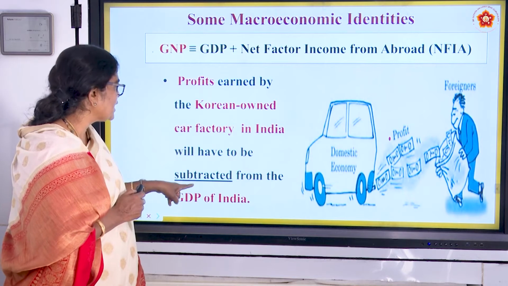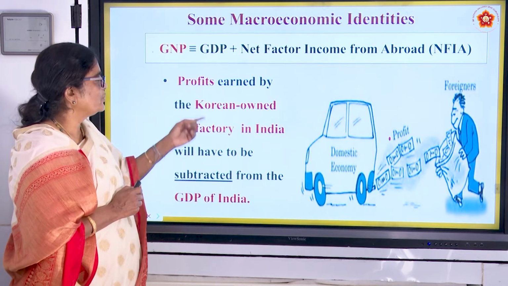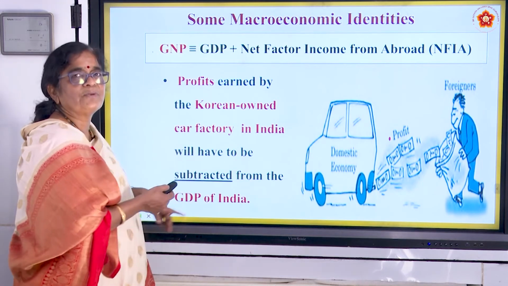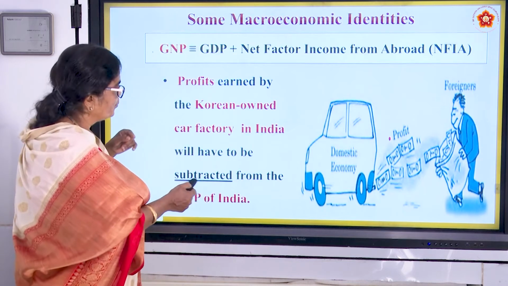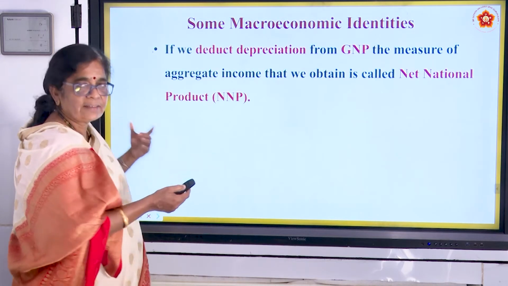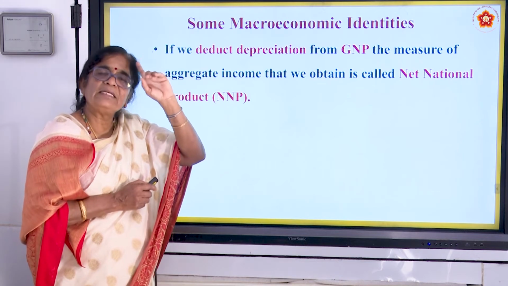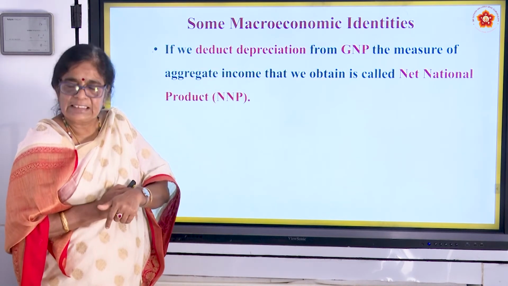Therefore, we have to subtract the profit of the Korean owned car factory which is working in India. I hope you understood, because it does not belong to the GDP of India, it belongs to their country. Like that, our people working abroad, their income, salaries and profit do not belong to that country, it has to come to India's GDP.